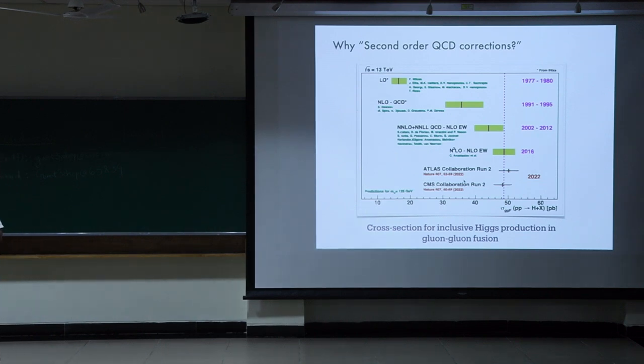So this tells you that we need to go beyond leading order and compute higher order corrections to get a value which is very close to the experiment.